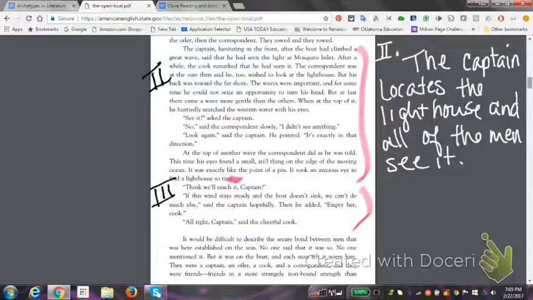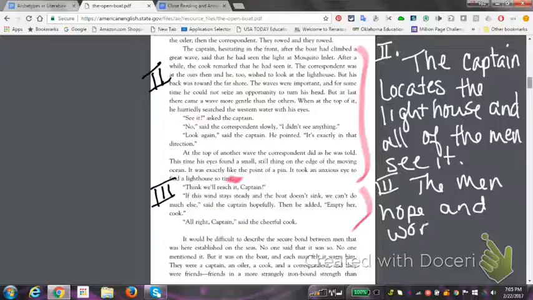You're going to have the idea that these men hope and work to reach the lighthouse.